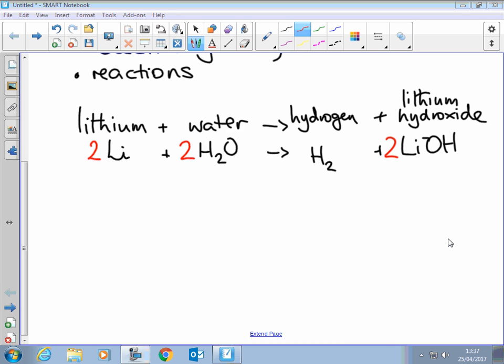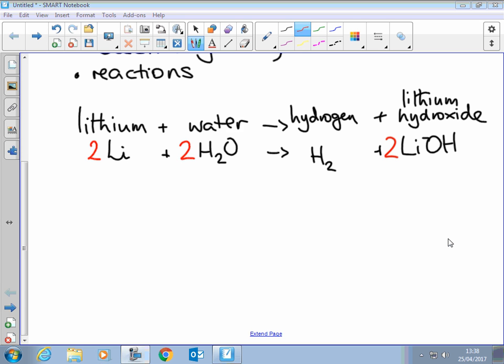There's no charge on an atom. And that's not 100% true, is it? Because in metals you have the metallic bonding, where all the electrons are shared. You get that sea of delocalized electrons all going around. But let's assume that a metal is made of atoms. If you cut it down to its smallest amount, you'd have an atom. So we have no charge on the lithium at all.